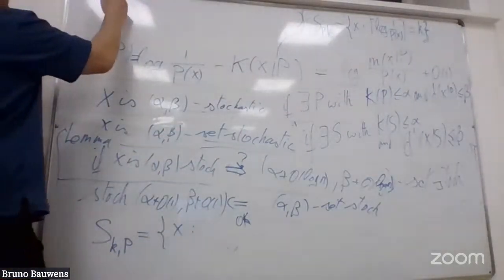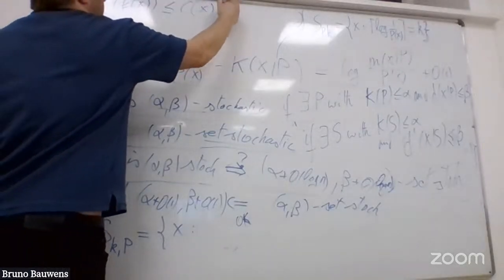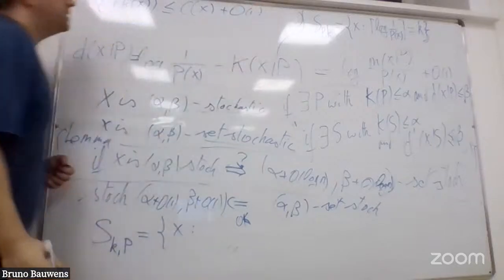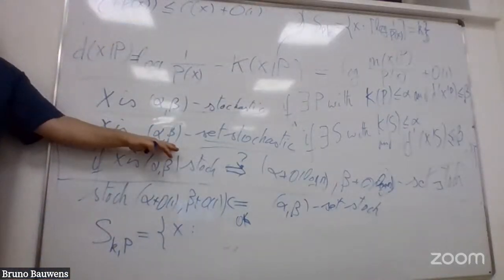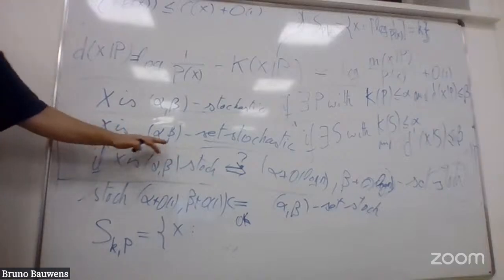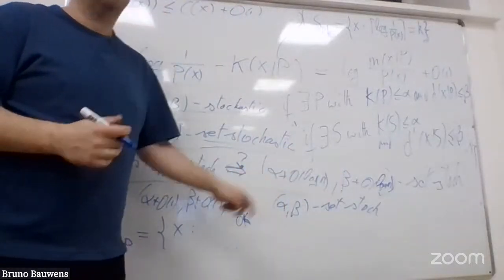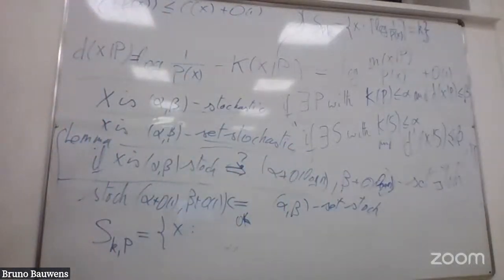We know that the complexity of f of x is bounded by the complexity of x plus O(1). Can we say the same thing about alpha beta stochasticity? If we apply a function, is it still alpha beta stochastic after increasing by a constant? And the answer is yes. So here is the lemma.